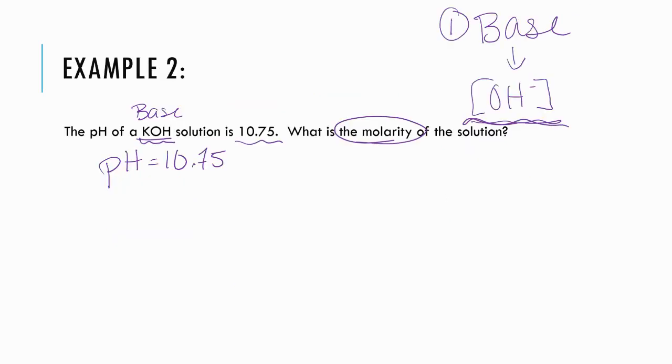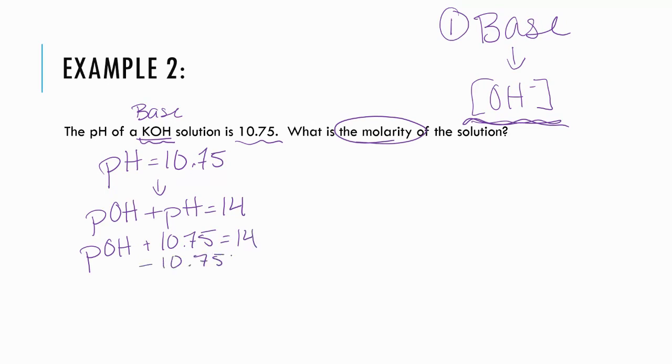So my first step is to translate to pOH, right? pH plus pOH is equal to 14. So we would plug in that value. pOH plus 10.75 is equal to 14. Subtract 10.75 from both sides.